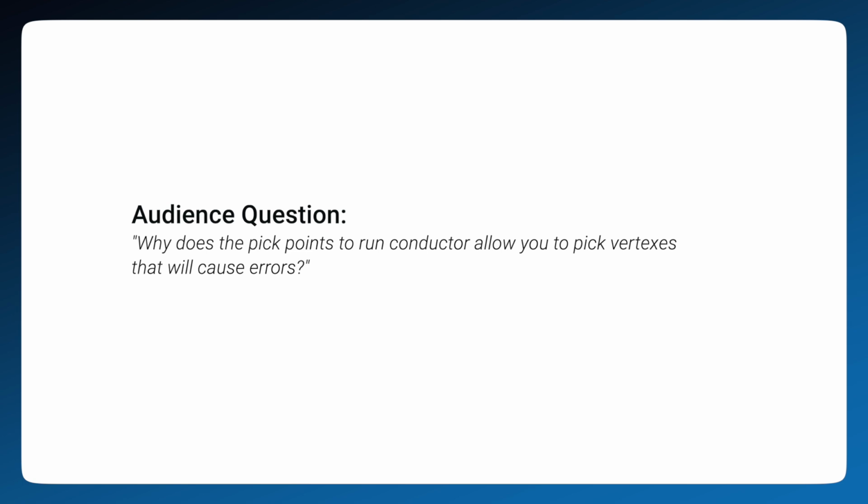Why does pick points to run conductor allow you to pick vertices that will cause errors? Well, that would be a good question, and this is why we do these talks. I know what he's saying.